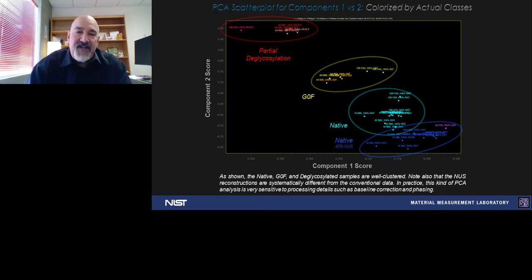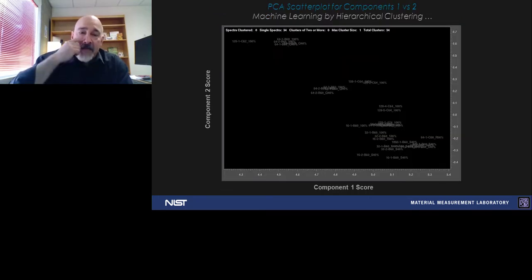Now, in this case, the colorization and clusters were done manually by people who already knew which sample was which. But now we can bring to bear the techniques of machine learning. So in this case, we're going to apply a method called hierarchical clustering. In this case, this is complete linkage analysis.